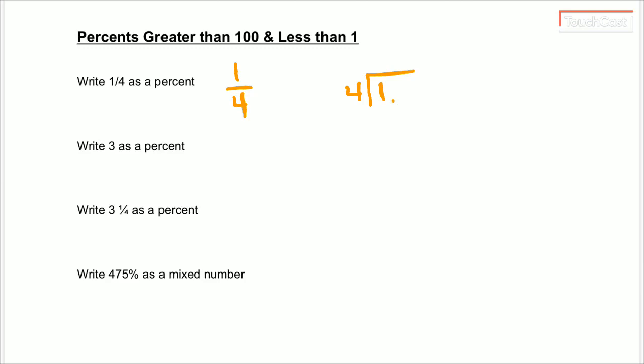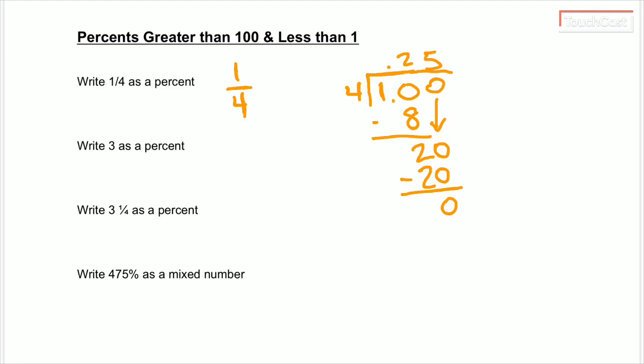We're going to add a decimal and a 0 and then bring the decimal straight up. Now we're looking to see how many times 4 goes into 10, which is twice. After we subtract, we have a remainder of 2, which means we have to add another 0 and bring it down.